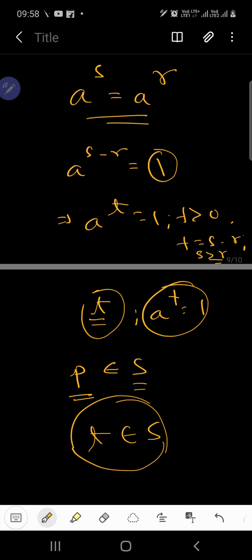Therefore, if t satisfies this condition, p must also satisfy this condition, p being the least element of the set. Therefore, there exists some least element such that a to the power p is equal to the identity element. Hence, we can say that it has a finite order. Getting my point? Therefore, we can say that the order of a is equal to p, and that it has a finite order.